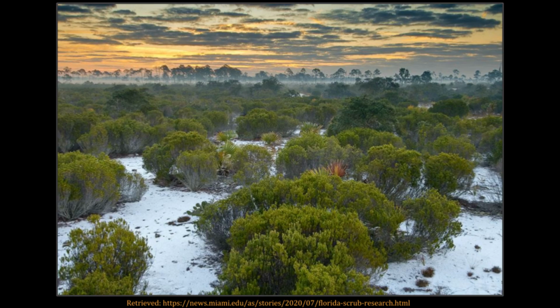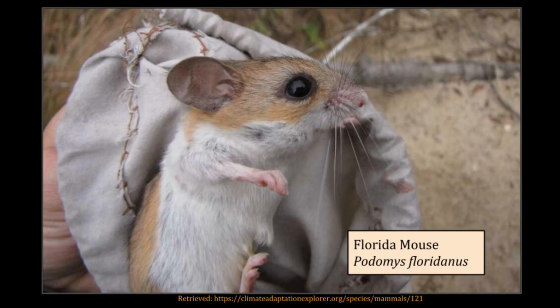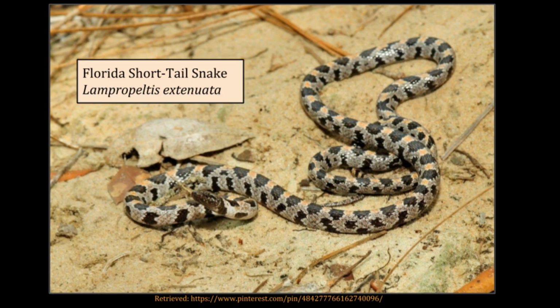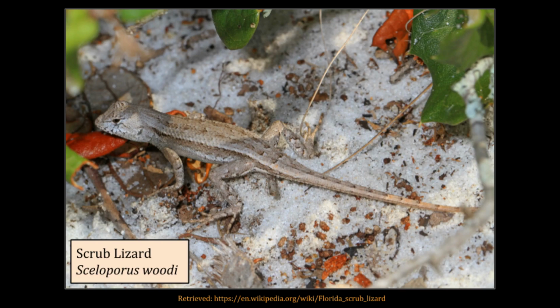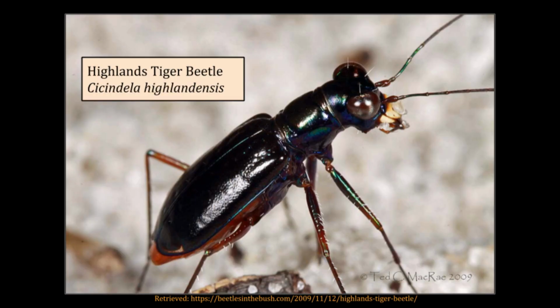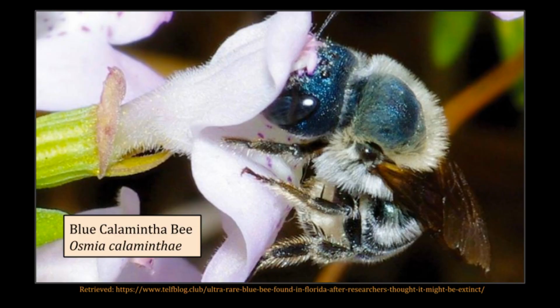There are so many rare animals. These include things like the Florida mouse, the short-tailed snake, and just so many other unique insects and critters that are only found in scrub communities. And still, in many cases, we do not know a lot about these species.